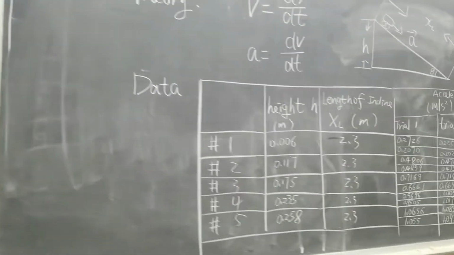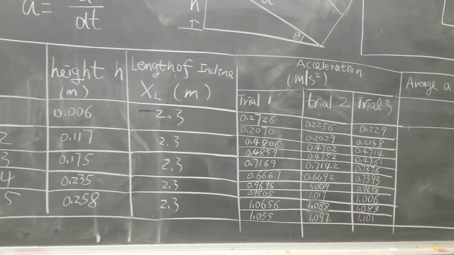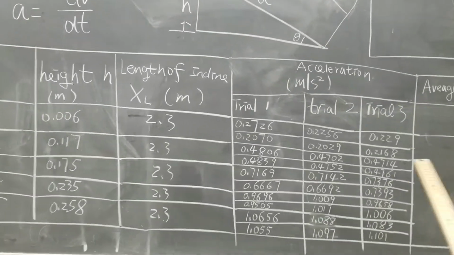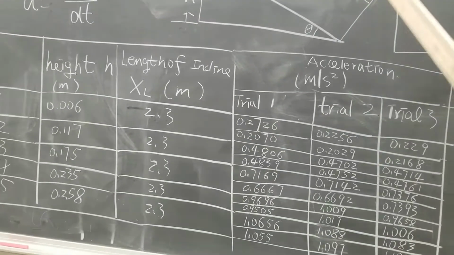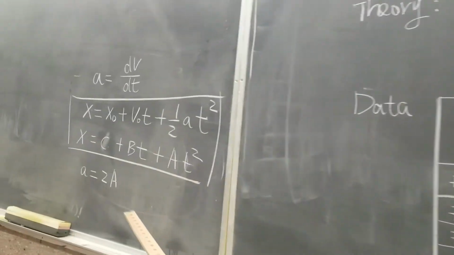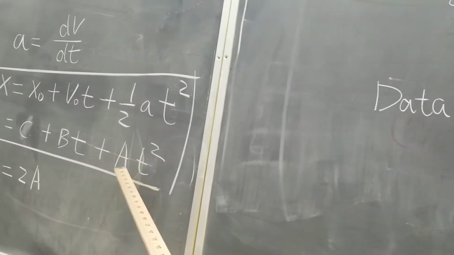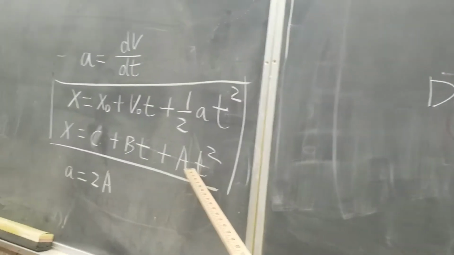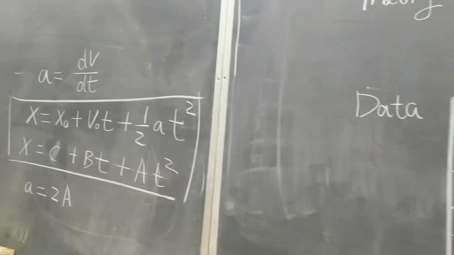So today, we will measure the acceleration in 2 different methods for each trial: one is from the slope of the velocity-time graph, and the other is from 2 times the coefficient of the second-order term of the position-time graph.